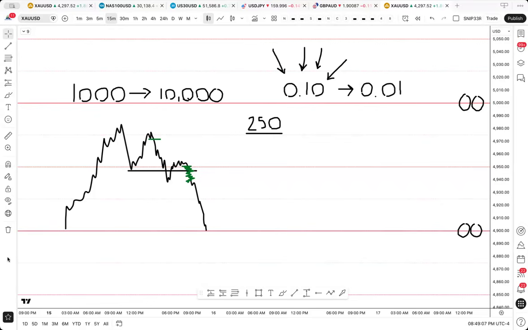And again, if one quarter with a full position size is going to give me $250, depending on the box that you're trading, whether it's a $100 box, a $1,000 box. This is a $1,000 box. 4,900 to 5,000 is $1,000.